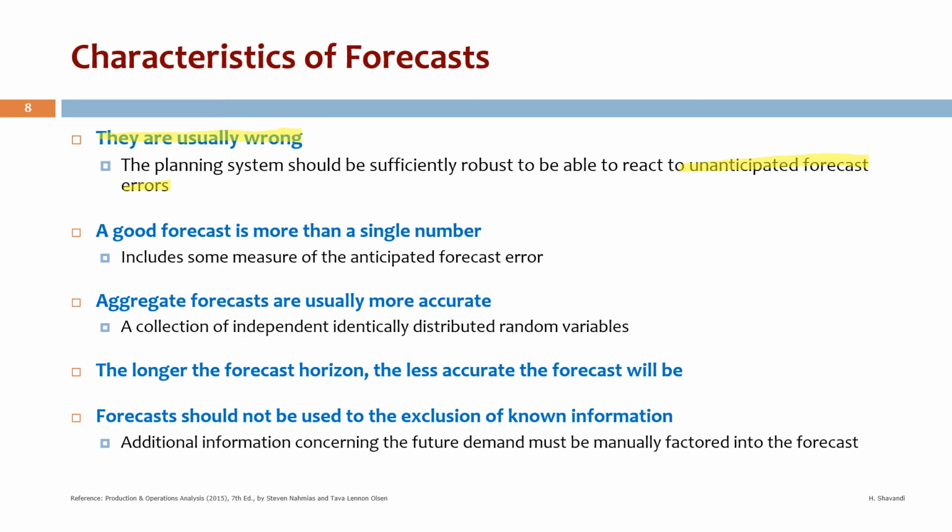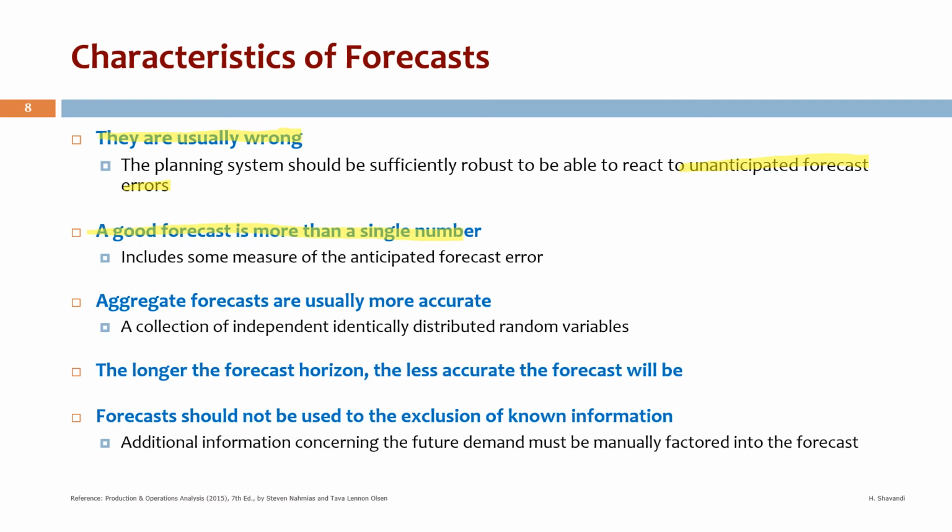Okay. And a good forecast is more than a single number. This means that beside having a single number for demand of a future year, we need to have an estimate about its error. So by having that, we can see how reliable is that forecast.